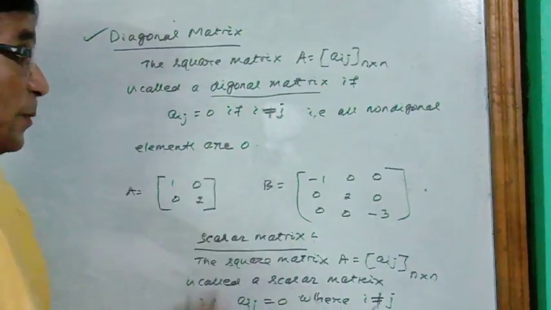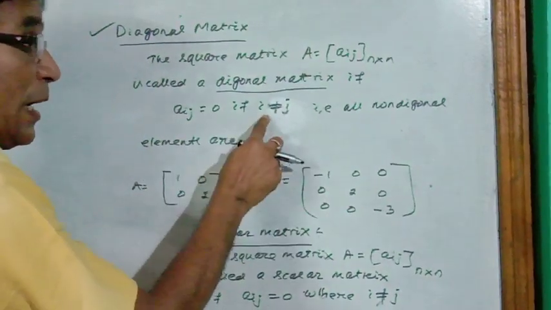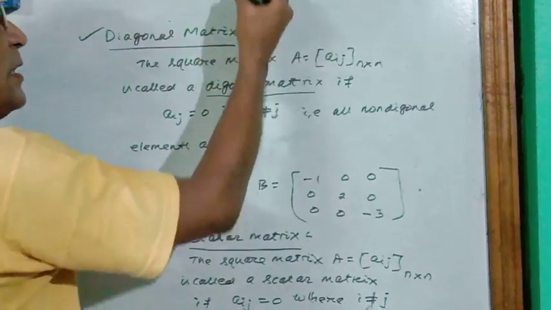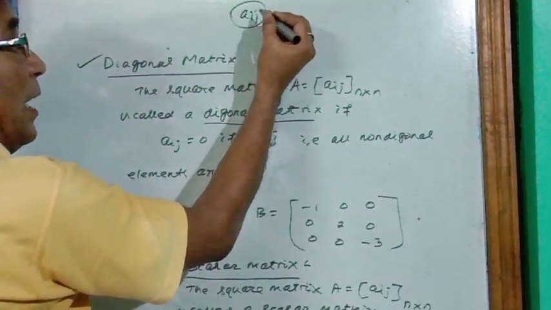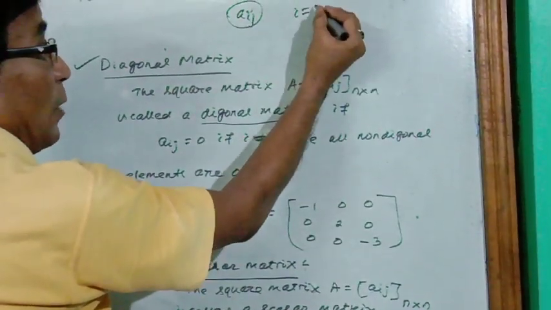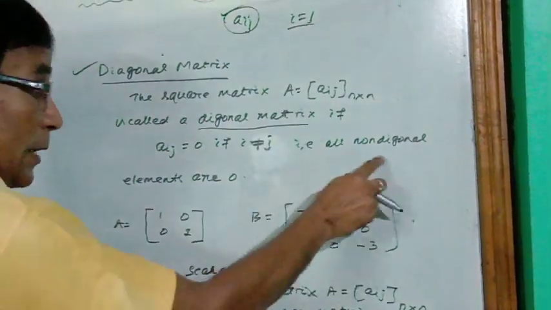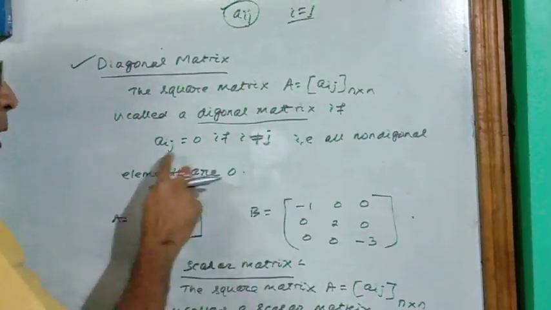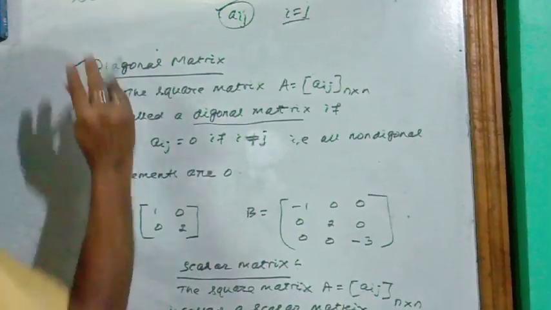Non-diagonal elements means the elements Aij where i is not equal to j. The diagonal elements Aij where i is equal to j are the elements of the principal diagonal. So non-diagonal elements means Aij where i is not equal to j, and all those elements must be 0. Then it is called a diagonal matrix.